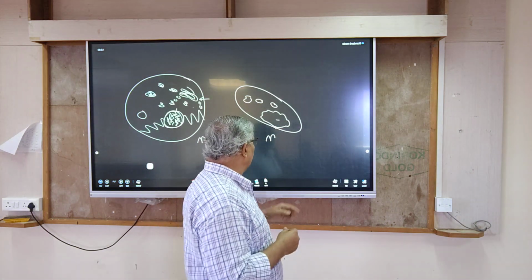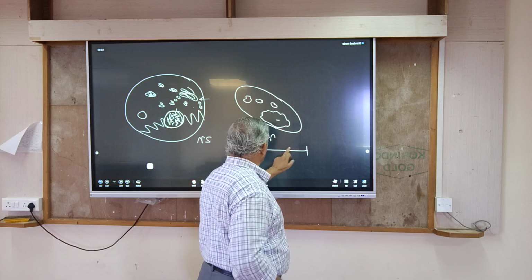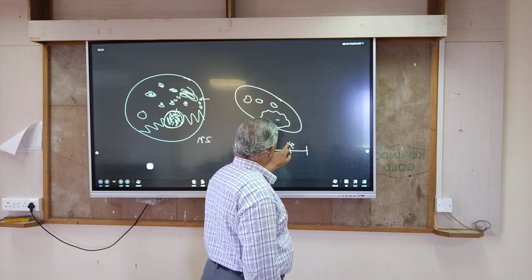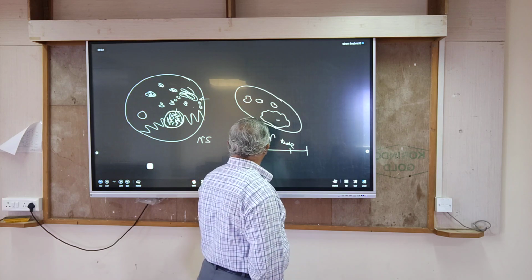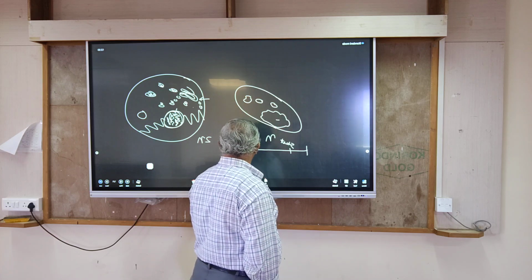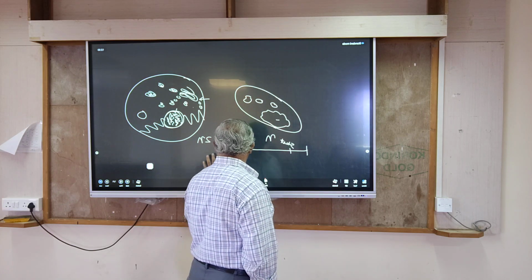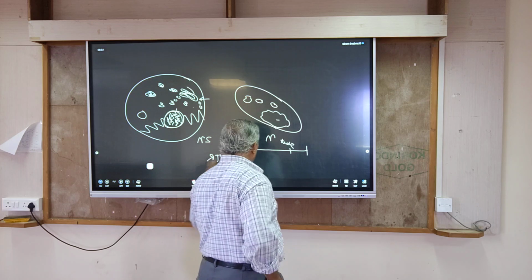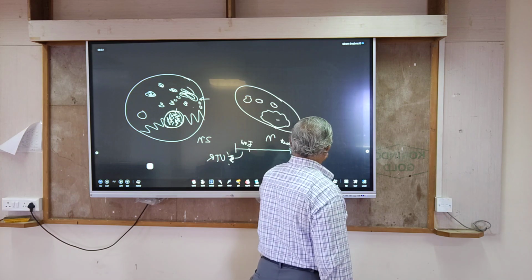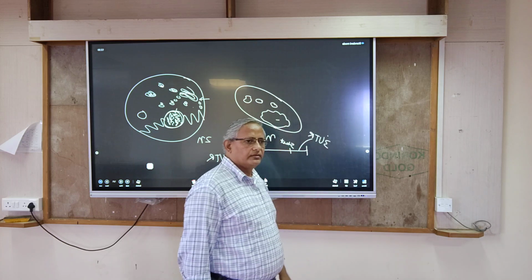Prokaryotic gene, right? So that is what a gene is, like this. Like you have the start codon, here you have the end codon, and then this is the 5' UTR, and this is the 3'.